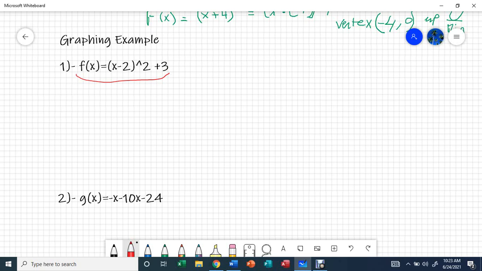So we start with the vertex. The vertex is (h, k). So what's your h? h is 2, k is 3, that's right. And a is positive, so it opens up and has a minimum.